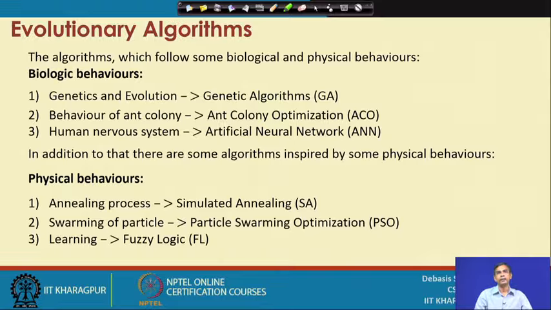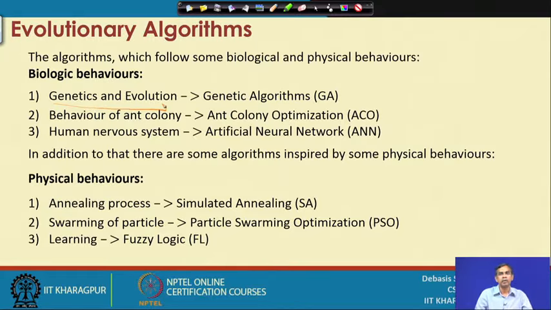In fact, evolutionary algorithms follow certain biological and physical behaviors which are around our globe, in our world. The genetic algorithm, which we are going to discuss, basically follows the concepts of genetics and evolution.